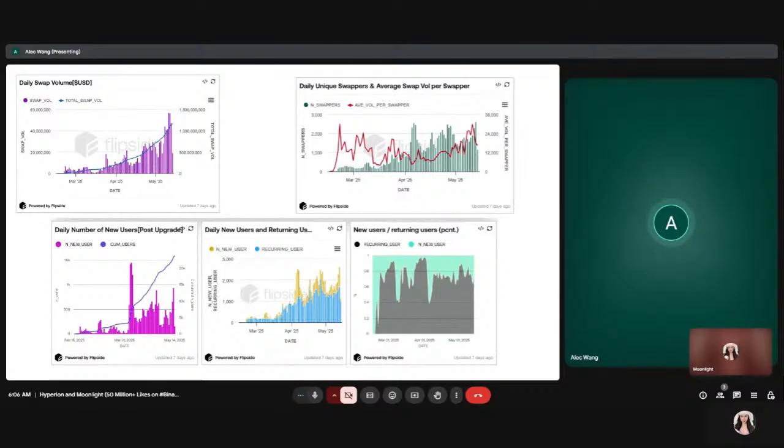Most of our users, when they first enter our protocol, become loyal users. A lot of them are recurring users on our website. We are really proud of this, and that's the main thing that we have already achieved. I'd like to share more details later about our project and the product itself.